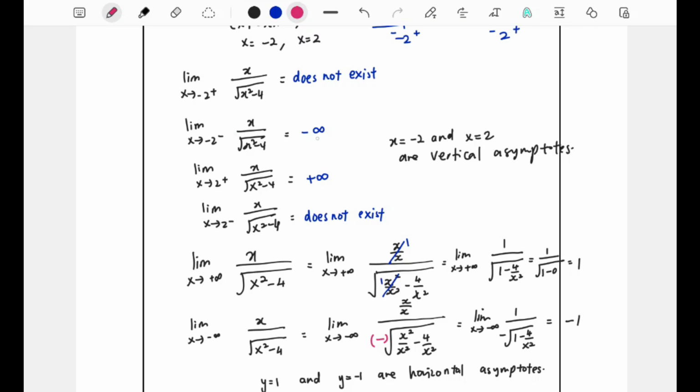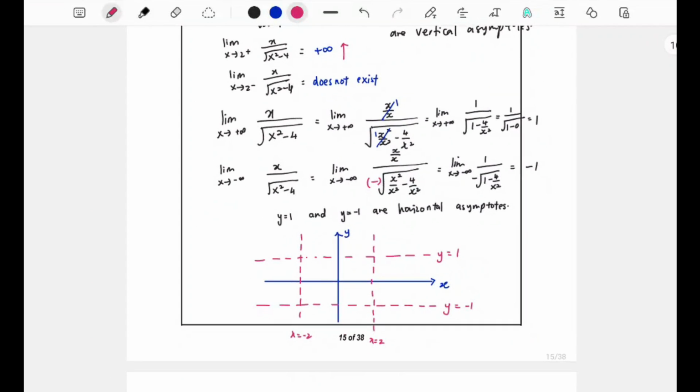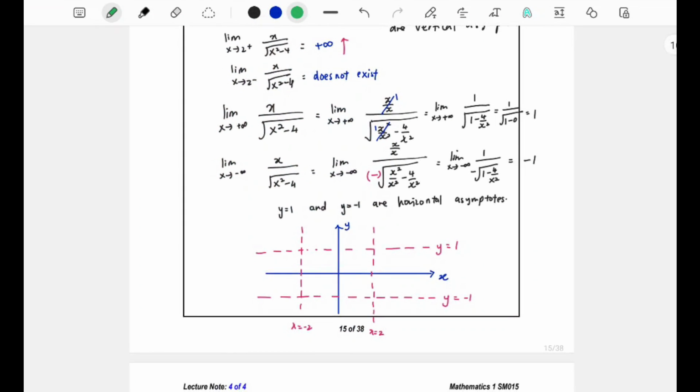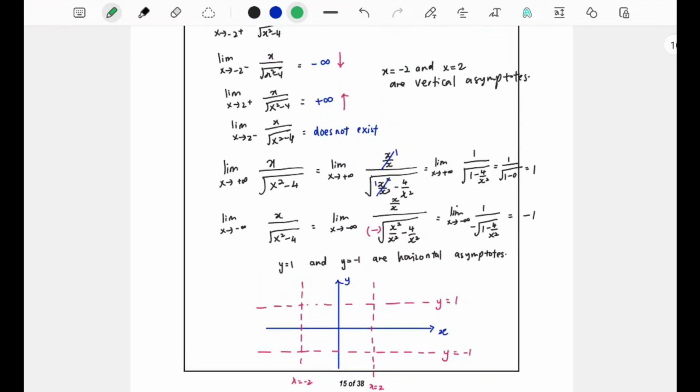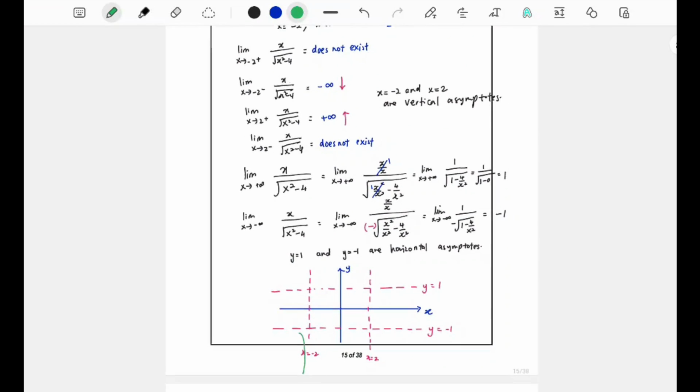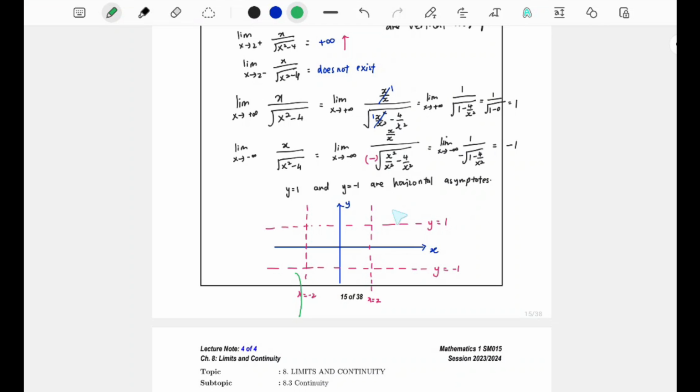Alright, so negative 2 from the left is negative infinity going down, and 2 from the right is going up. So negative 2 from the left is going down. 2 from the right going up.